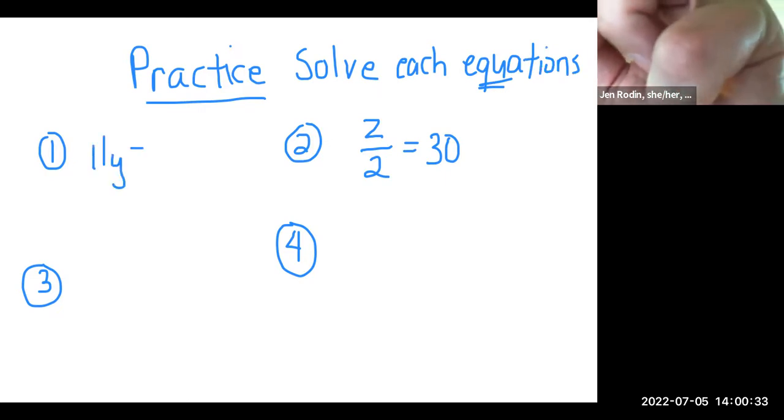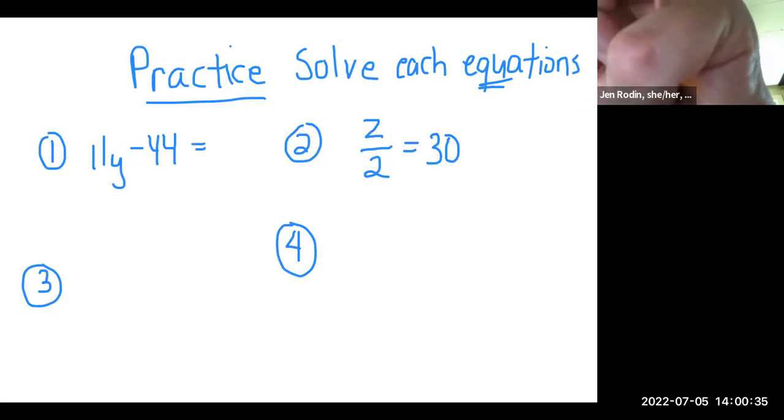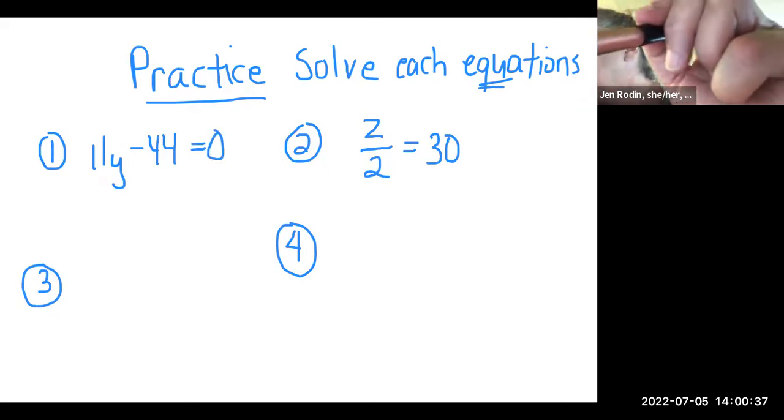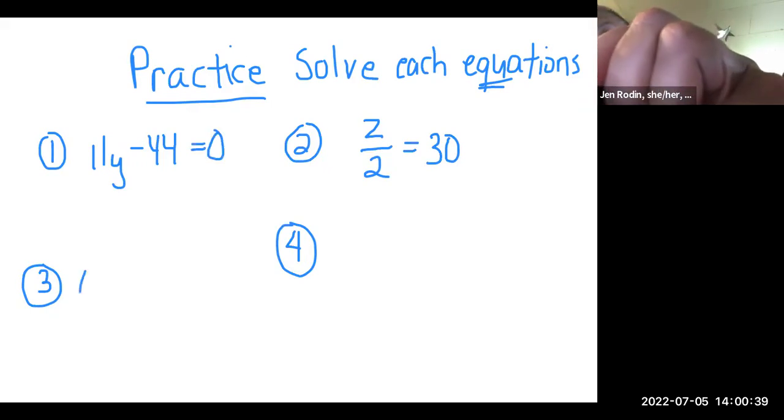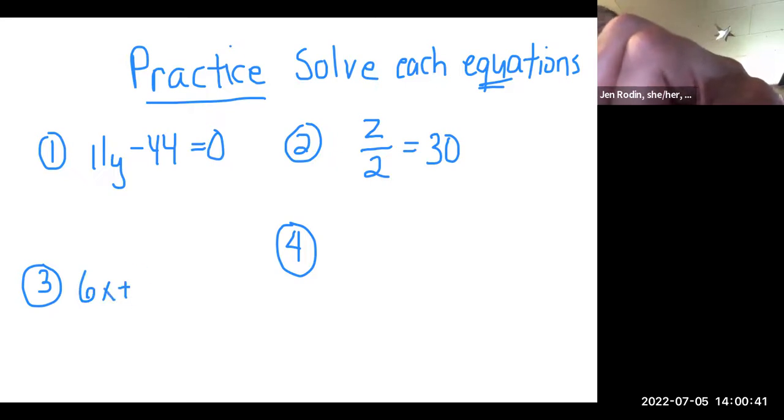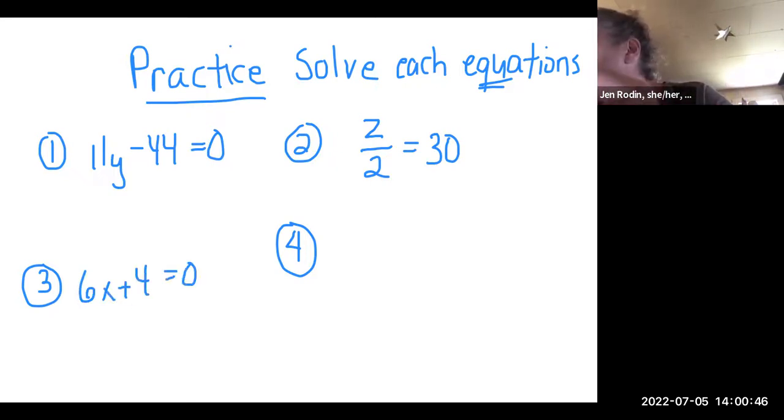11y minus 44 equals 0. Let's do 6x plus 4 equals 0. And they start off like this with the equal zeros.